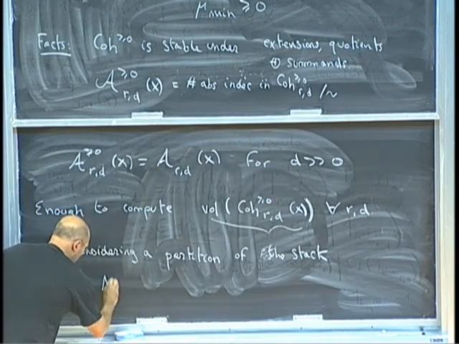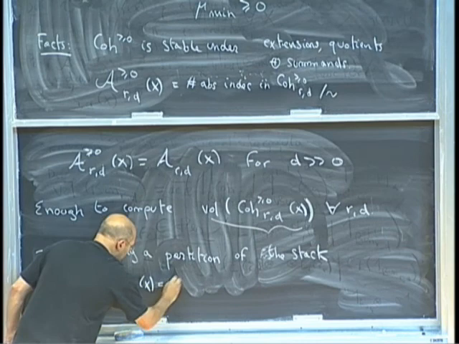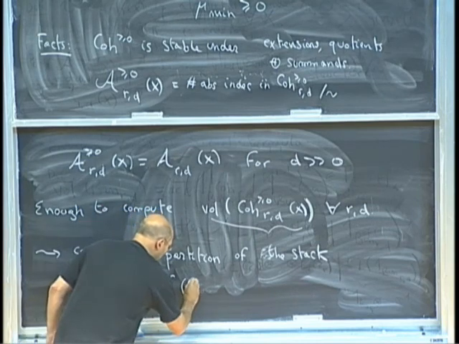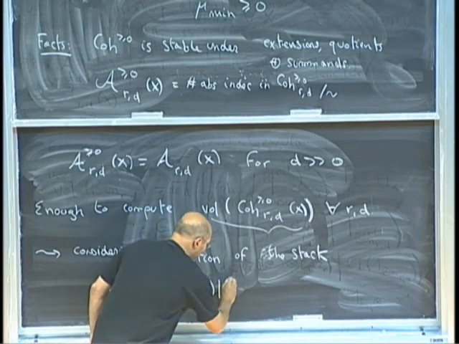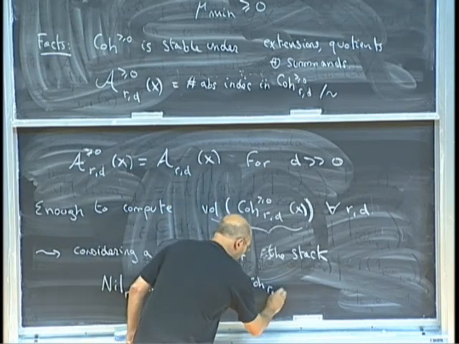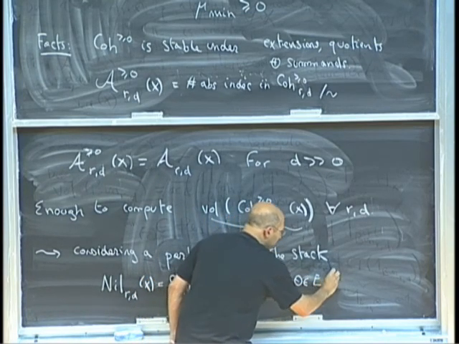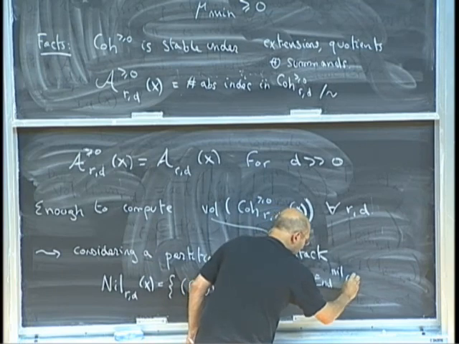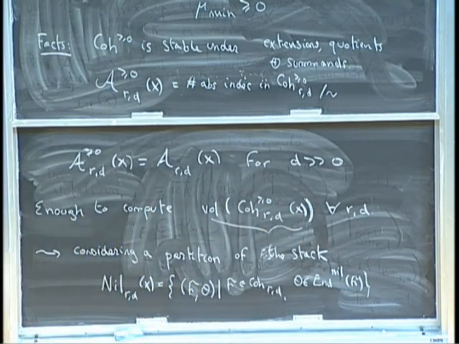Let me denote it by Nil_{R,D}(X). This is the set of all pairs of F and theta, where F is a coherent sheaf of rank R and degree D, and theta is a nilpotent endomorphism of F. So you can think of it as a twisted Higgs bundle with a trivial divisor if you want.